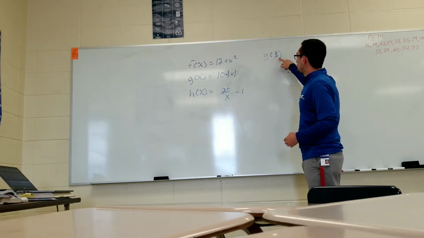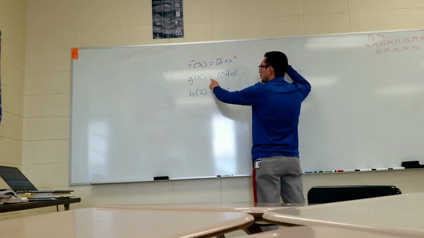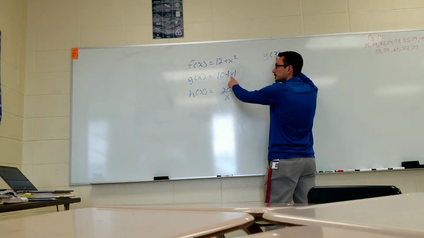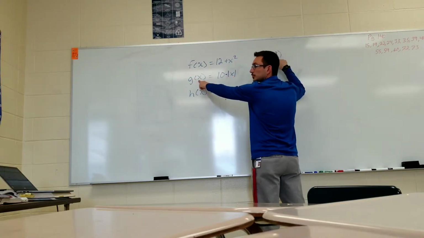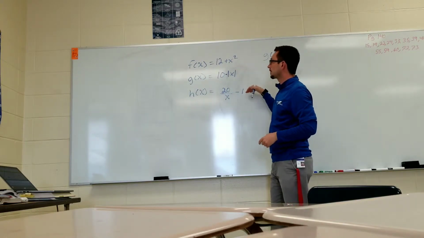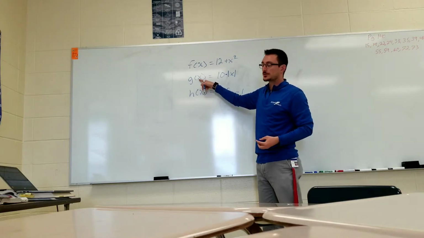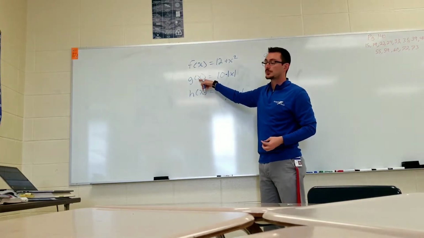The 3, the thing inside parentheses here, tells me what's being replaced in the function. This doesn't do much for us now because we only have single variables here. But if we had multiple options of what to replace, this tells me the letter that gets replaced. So x is the thing getting replaced.